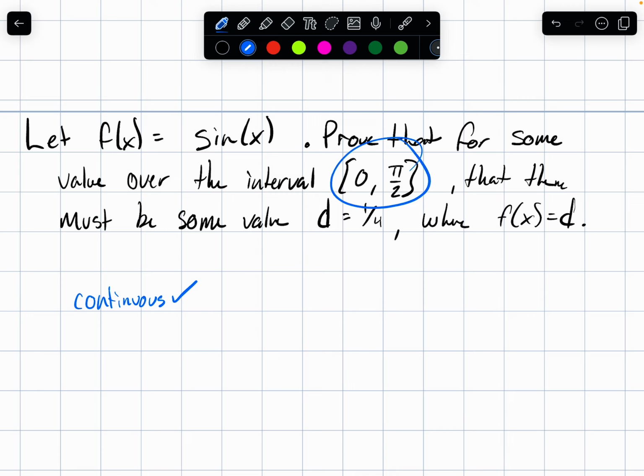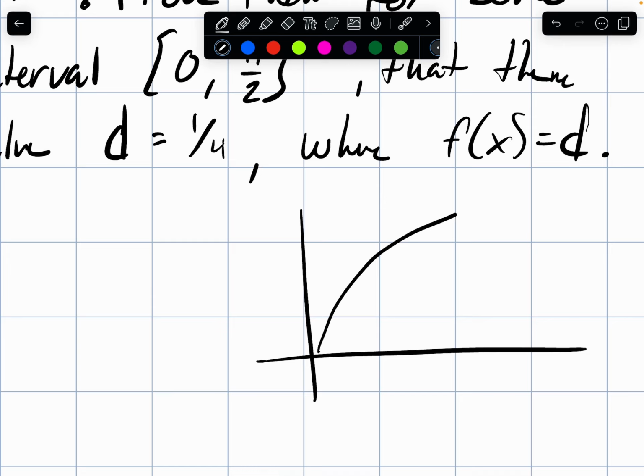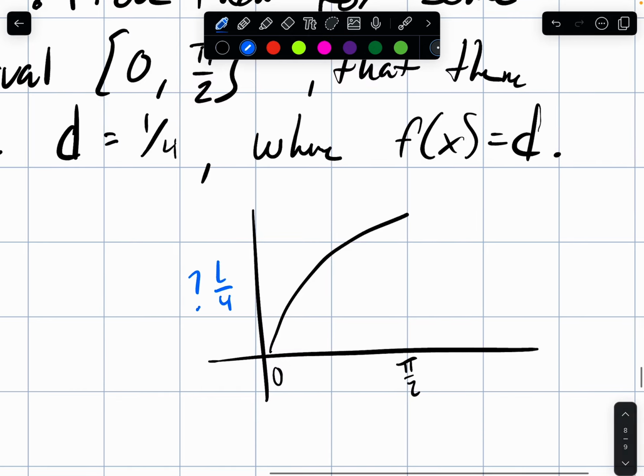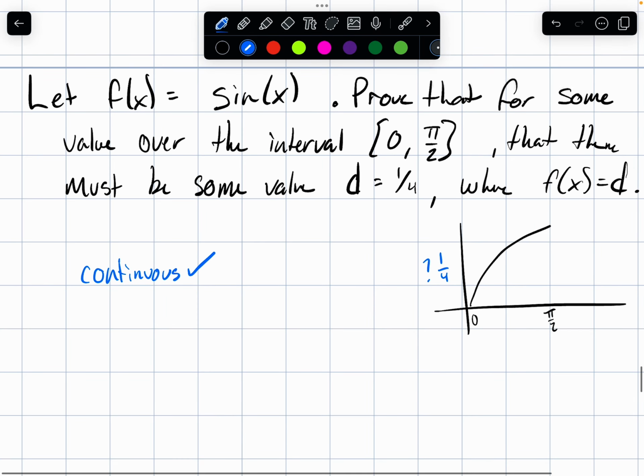So these are x values here. If I draw up this function, it kind of looks something like this, where this is pi over 2, we got 0. And I want to see essentially if 1/4 exists up on there.